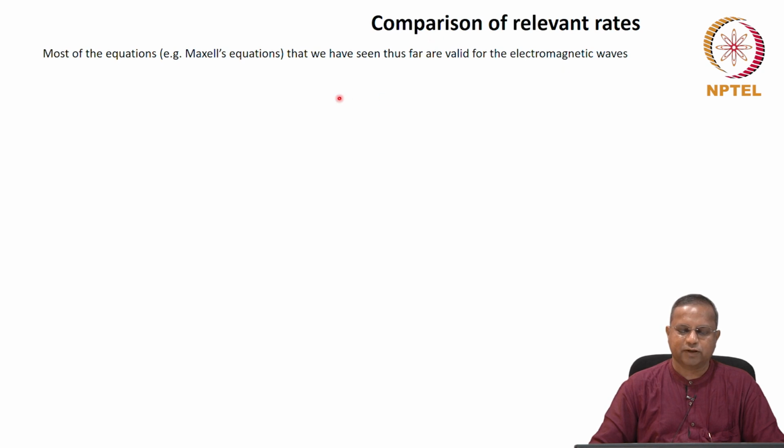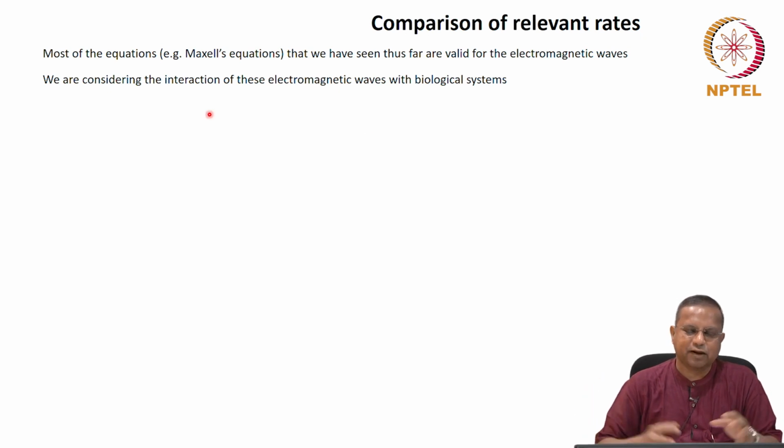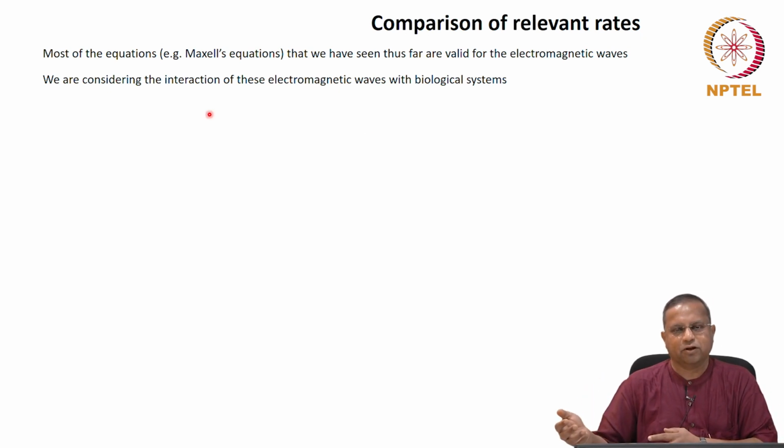These equations are written for electromagnetic waves. We are considering the interaction of these electromagnetic waves with biological systems. For our scope, we are looking at the interaction of these electromagnetic waves with biological systems. We are not really interested in many other things.